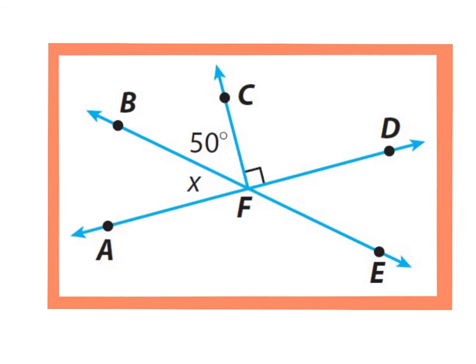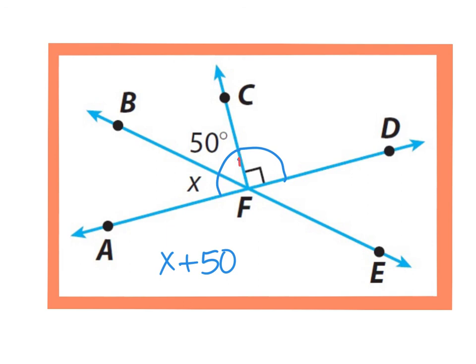Oh, this is a lot going on here, but we can do this. We can solve for X. Since this angle right here is 90 degrees, the angle over here is also going to be 90 degrees, so that can help us to solve. So X plus 50 is going to equal 90 degrees. How do I know that that adjacent angle is 90?